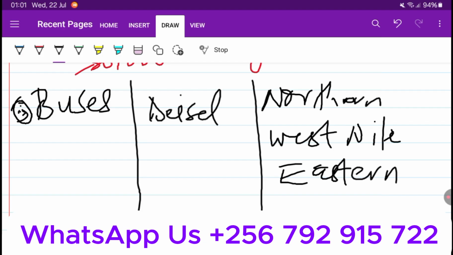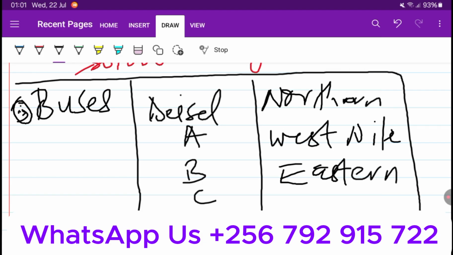So maybe this petrol station is A, this is B and this is C. What you are going to find is that these gas stations price their products differently.